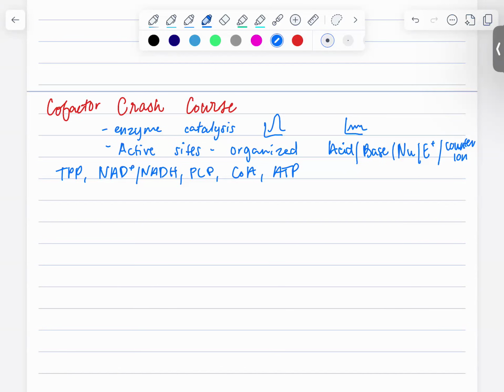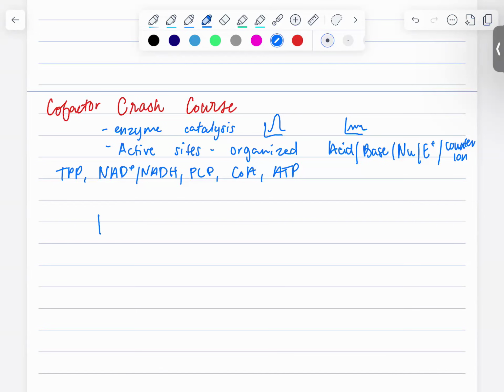TPP, the full name for TPP is thiamine pyrophosphate. And a lot of times with cofactors, it will have a big complicated structure, but only a little part of it will be actually important to what our chemistry is.